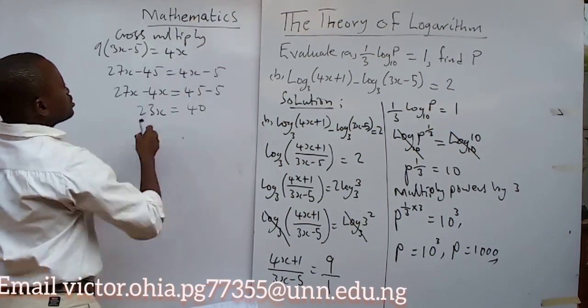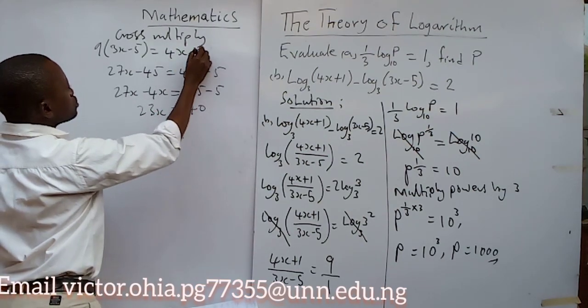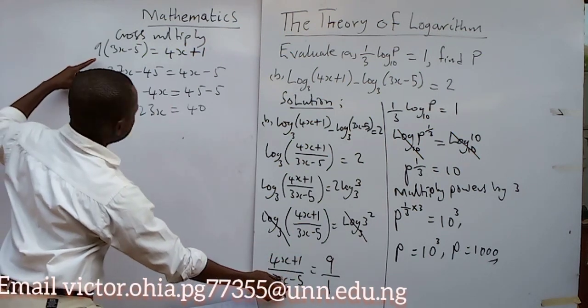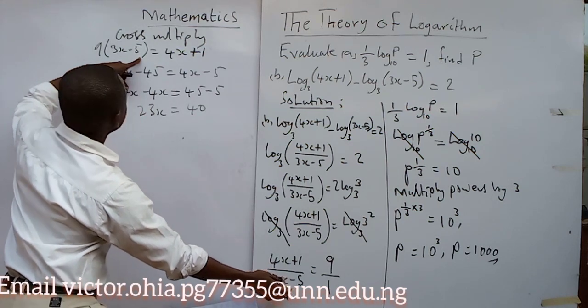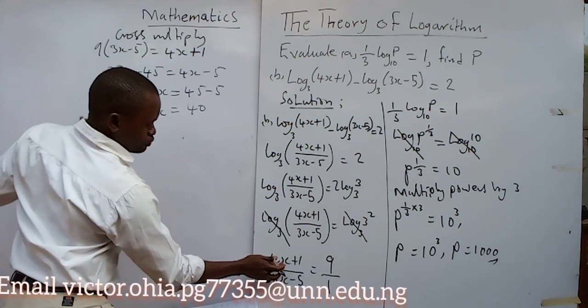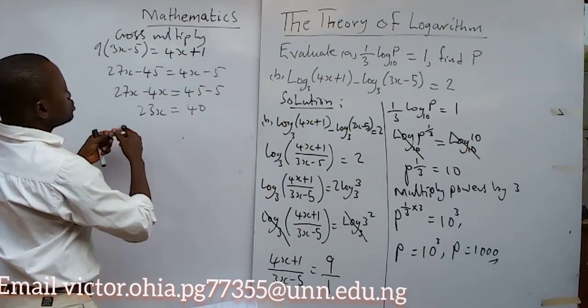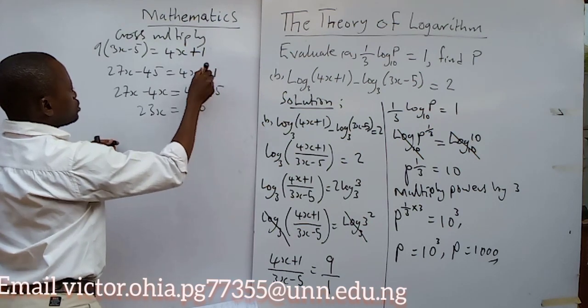We have 4x + 1 here. 9 times this, we have 9 into (3x - 5). It's like I was rushing. Sorry for that. And then 4x + 1 times 1 will give 4x + 1, so this will remain 4x + 1.